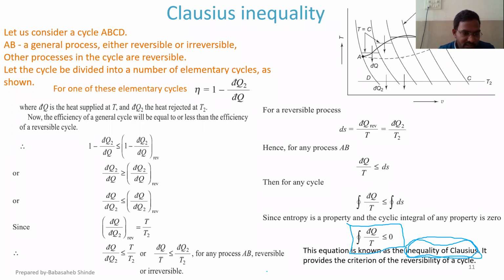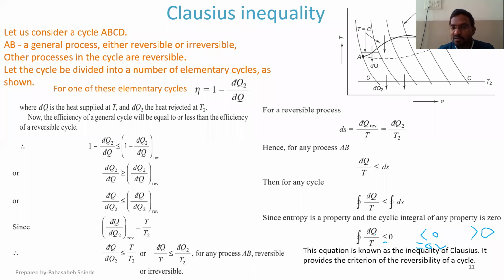Now the sign is less than or equal to 0, so it may be less than 0 or it may be equal to 0. When it is less than 0, when it is equal to 0, and what will happen if it is greater than 0, that we are going to discuss.